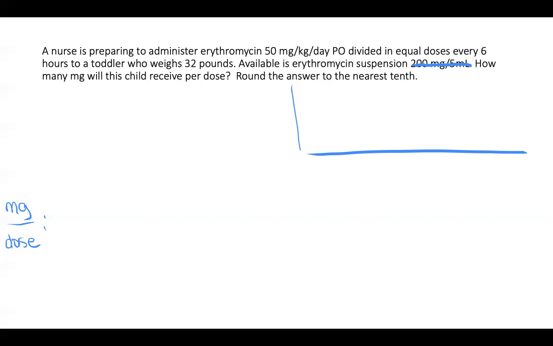The only thing we need is the order and the weight of the child, and then any day over dose type conversions. Okay, so we're going to put in our box 50 milligrams per kilogram per day. We have the weight of the child, which is 32 pounds.